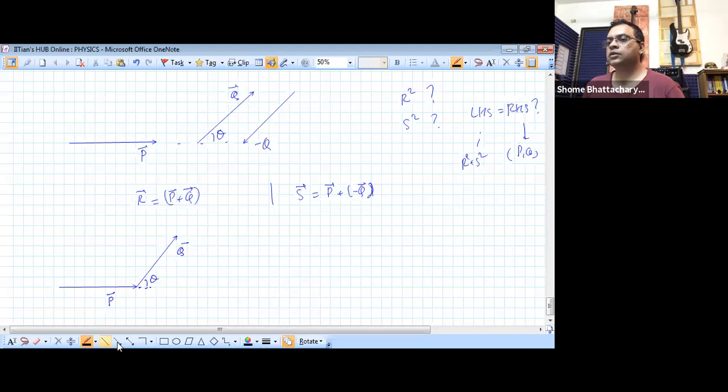So R is this one. And similarly, when you are doing P plus of minus Q, then you are doing this operation. This is the vector P, but minus Q is this one.